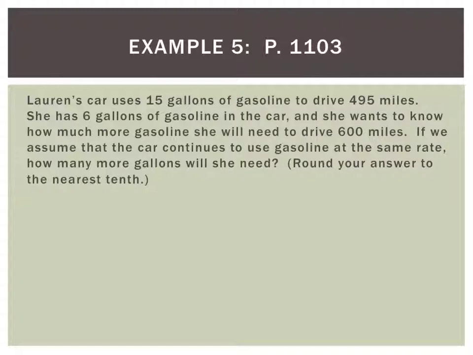Okay, problems like these are proportion problems. The reason I know it's a proportion problem is because I know a ratio at a certain amount. The ratio that I know is that 15 gallons will get her 495 miles. So I'm going to write 15 gallons will get her 495 miles.